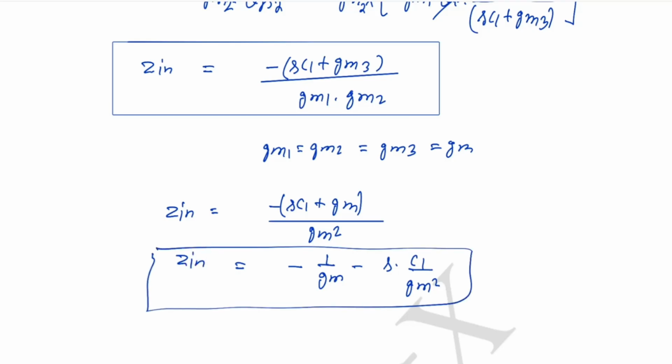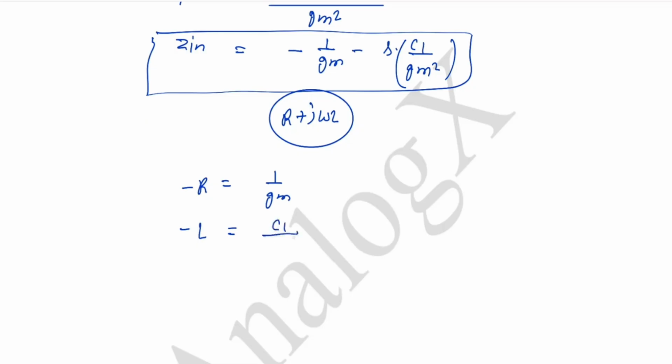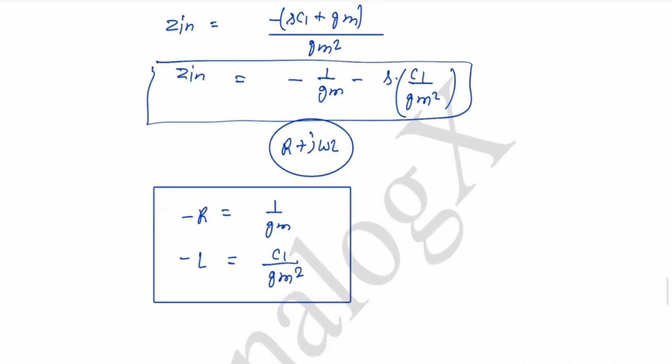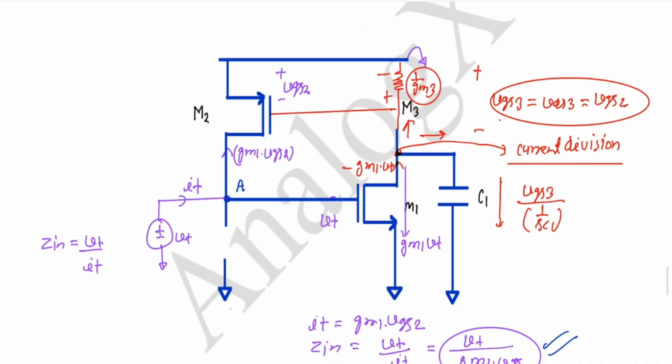If we compare with the complex impedance R plus j omega L, we can see that our input impedance is a negative input impedance, where the negative resistance is 1 by gm and the negative inductance will be C1 divided by gm square. So this is our final input impedance, a negative input impedance when we look from this node.